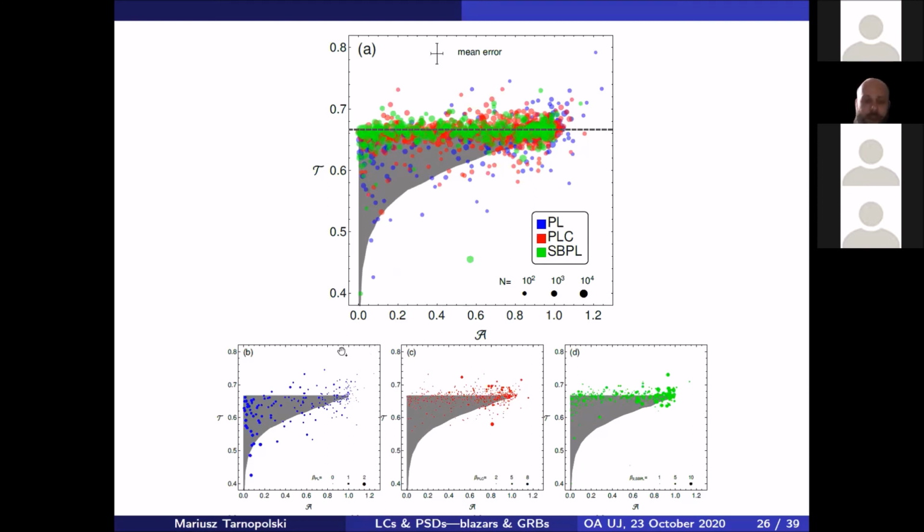Within each PSD type, the power law case behaves as expected, with higher beta further to the left of the plot, indicated by the size of the points here. But the power law plus Poisson noise and broken power law behave erratically, likely due to the high noise contamination.